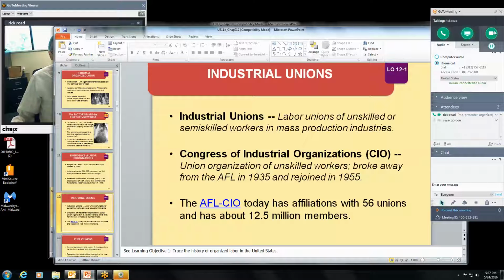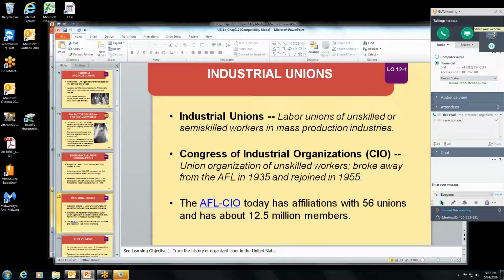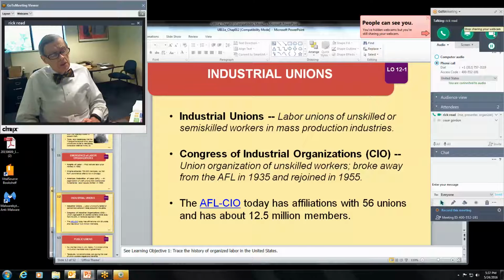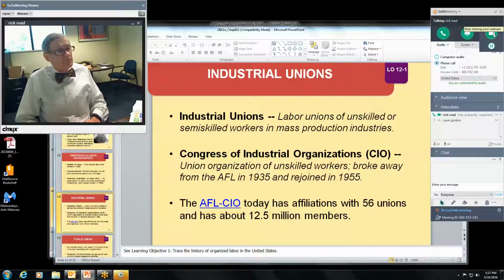Then later on, we had what were known as industrial unions. These were made up of, notice the term, semi-skilled workers. So they weren't from trades, they weren't from certain particular skills, and they weren't in a craft. People who made up those were the automobile workers, United Mine Workers, and things of that nature.